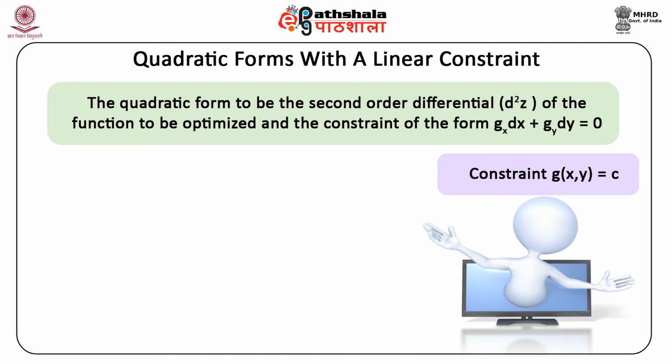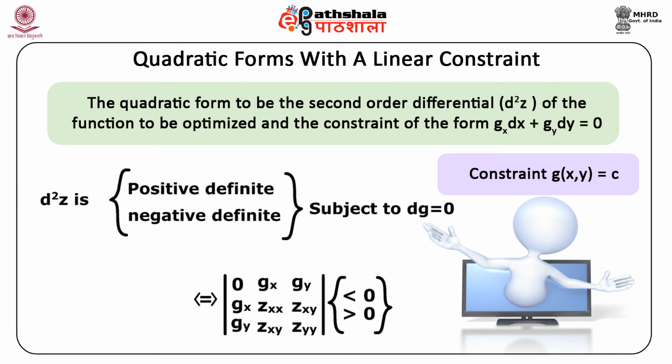Thus, we have a bordered Hessian in place of the bordered discriminant. d square z is positive definite, negative definite subject to dg equal to 0, implying the determinant of the matrix 0, gx, gy; gx, zxx, zxy; gy, zxy, zyy is less than 0, greater than 0. These conditions extend to the multivariate case as stated above, the discriminant being replaced by the Hessian.